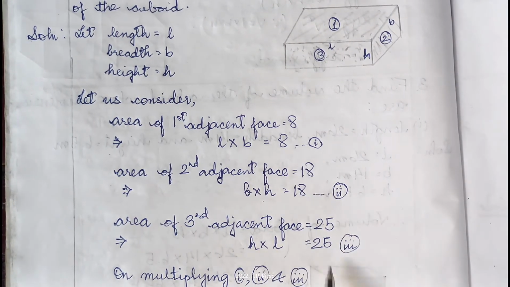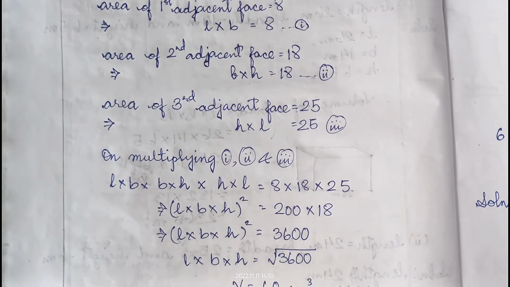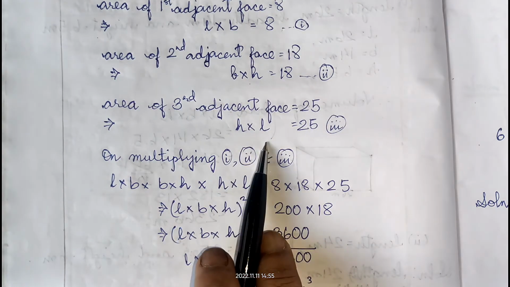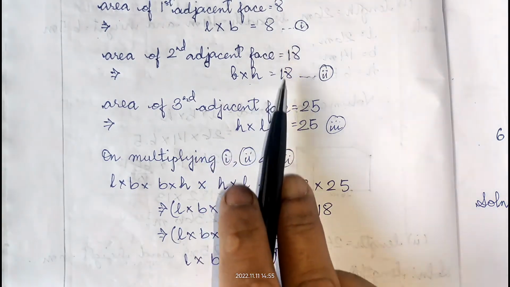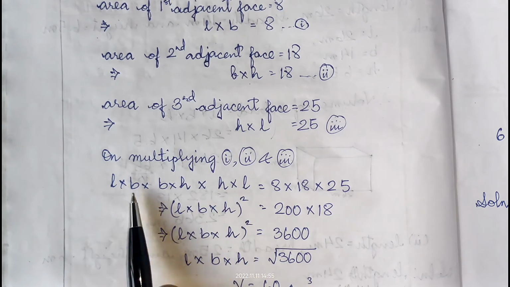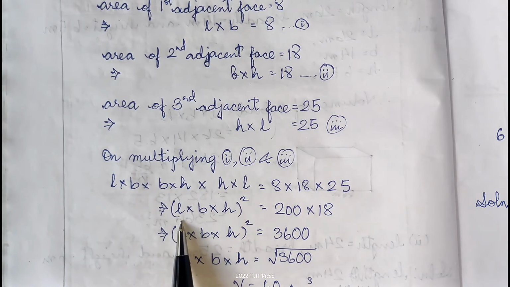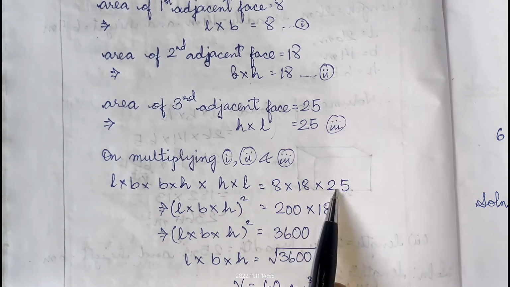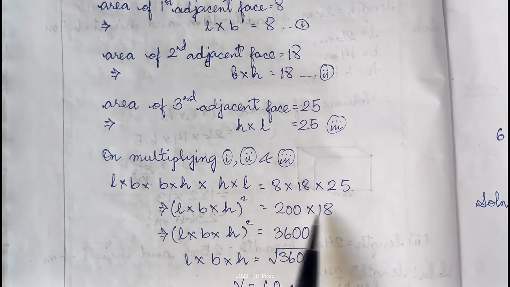Now if I multiply these 3 equations, then I am going to get L into B into B into H into H into L. It will be 8 into 18 into 25. Here L 2 times, B 2 times, H 2 times. So it will be L into B into H whole square equals 8 into 25 is 200 into 18.